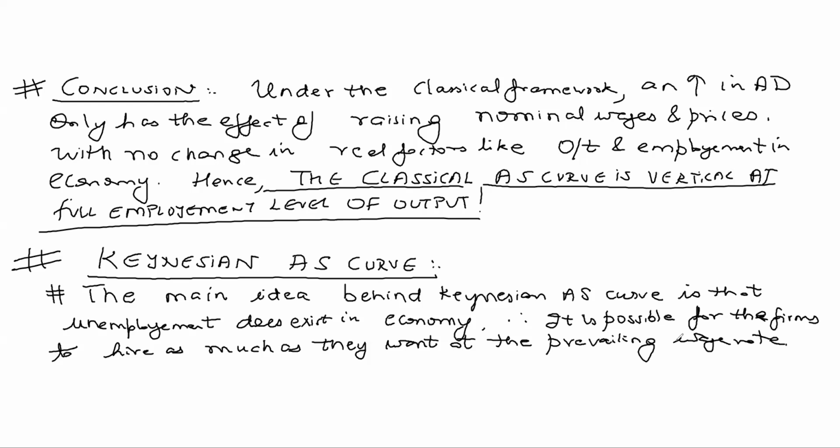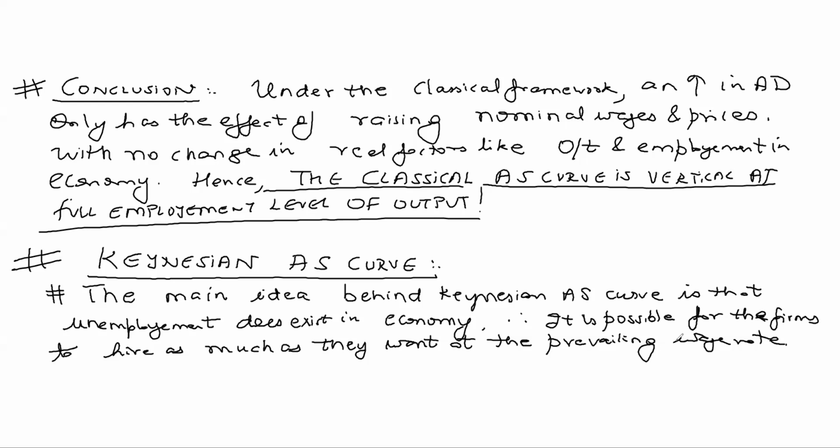That means if unemployment exists in the economy, you can hire more labor at the same wage rate. In the classical economy, you had to increase the wage rate. Why? Because labor had the bargaining power. The labor was already fully employed. But now the bargaining power comes with the firms. They know that some of the labor is unemployed.